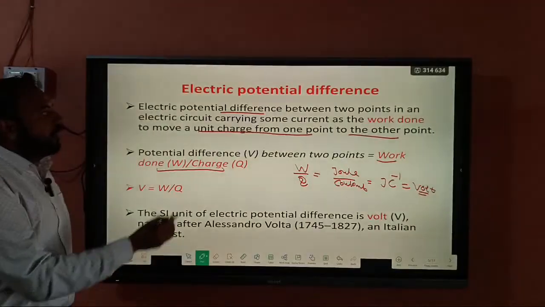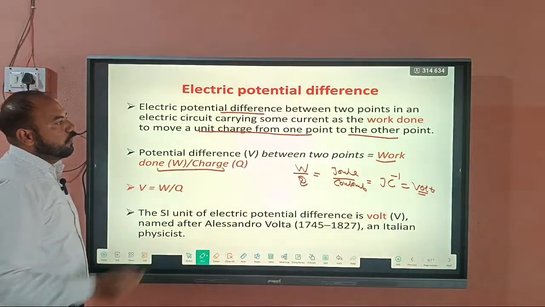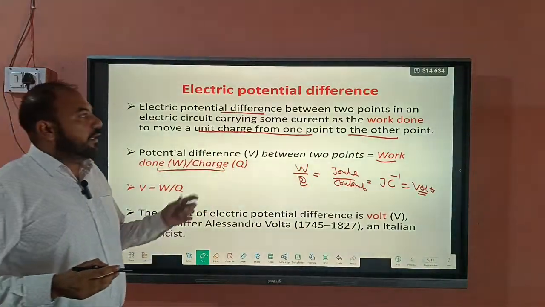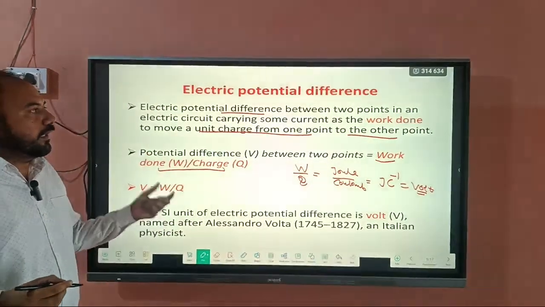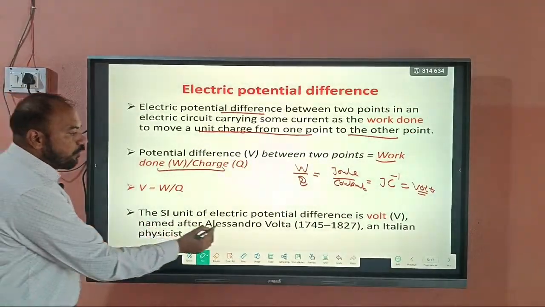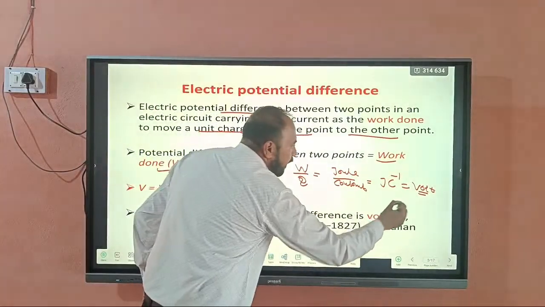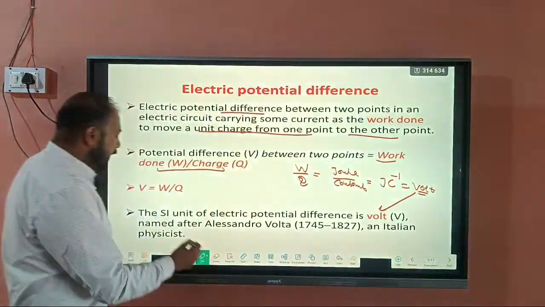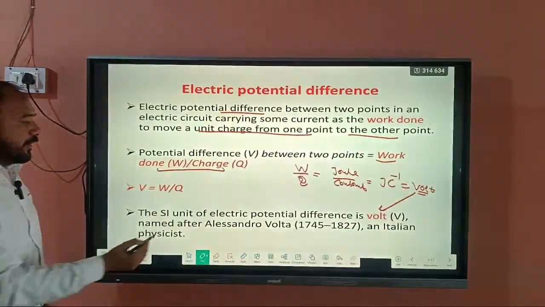The SI unit of electric potential is the volt, and electric potential has many names, like voltage difference, voltage, and electric potential. These are all the same. The volt is named after the scientist Alessandro Volta.